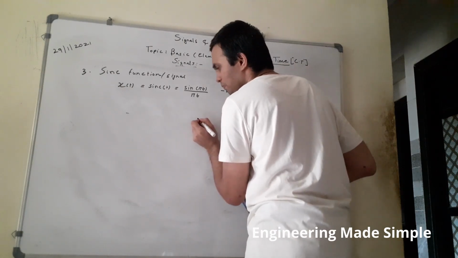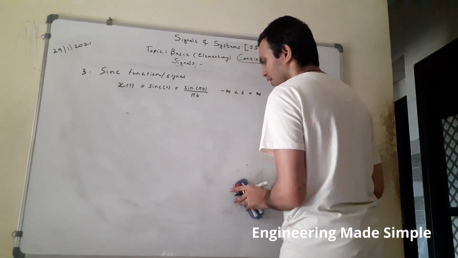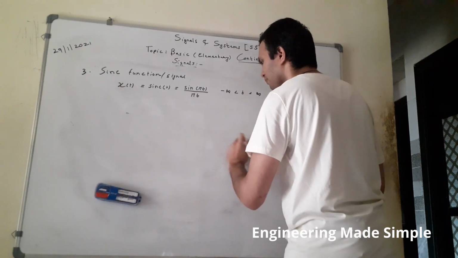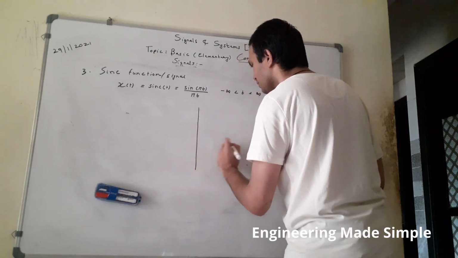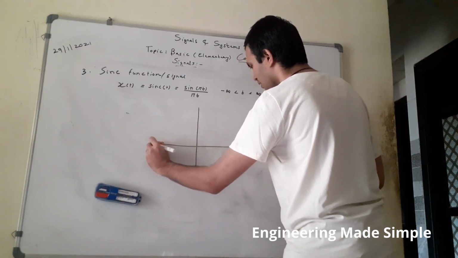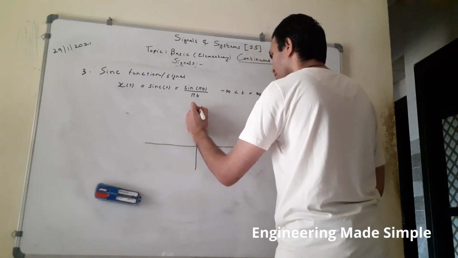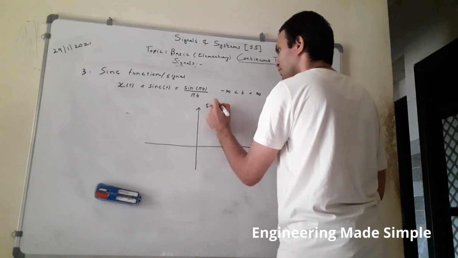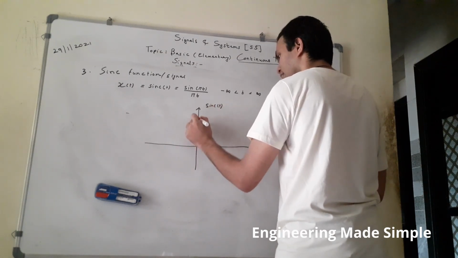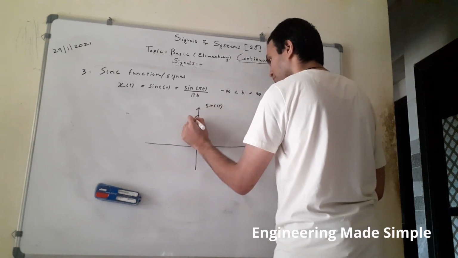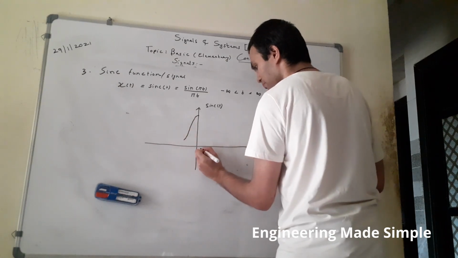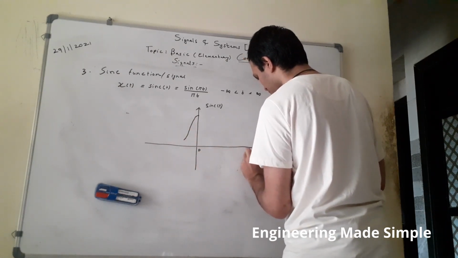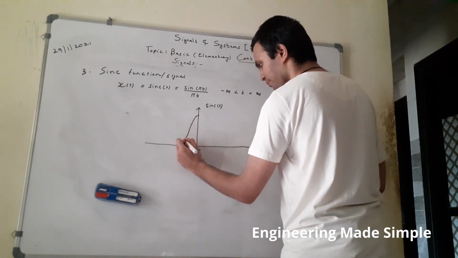Now what does this particular thing mean? Let us start drawing its plot. So now this is sinc of t. It has a maximum value of 1 when time t is at 0. This is your time axis.